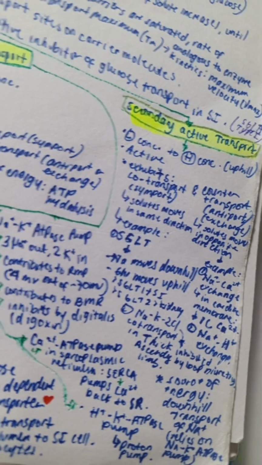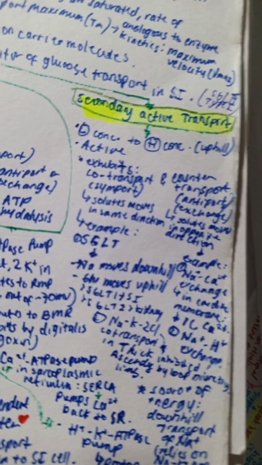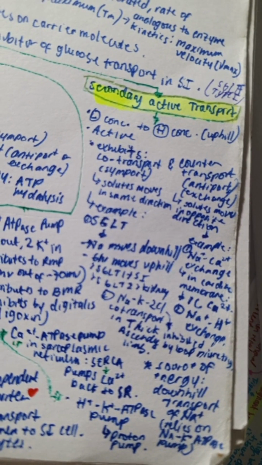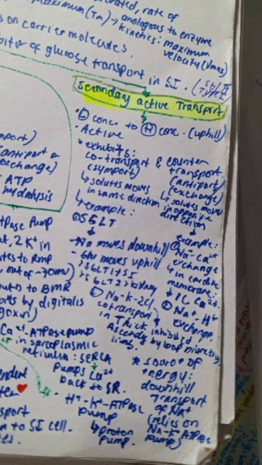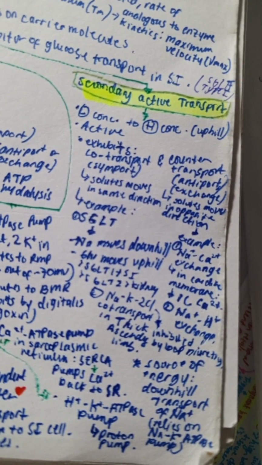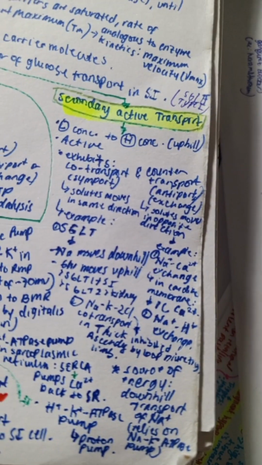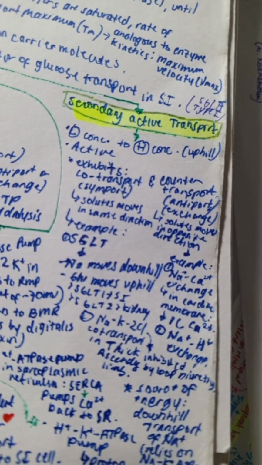Another example is the sodium-potassium-chloride co-transporter, found in the thick ascending limb, and it is inhibited by loop diuretics.